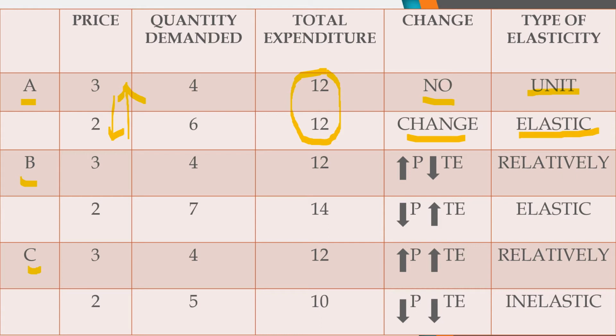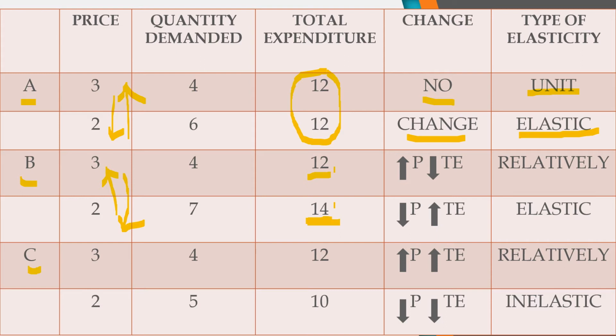Let's examine the second good. When the price of good B is rupees 3, the quantity demanded is 4 units. 3 into 4 gives us 12. Say for example the price falls from 3 to 2. The quantity demanded is 7 units at that price, rupees 2. So 2 into 7 is 14. So we clearly see that when price falls from 3 to 2, the total expenditure rises from 12 to 14.